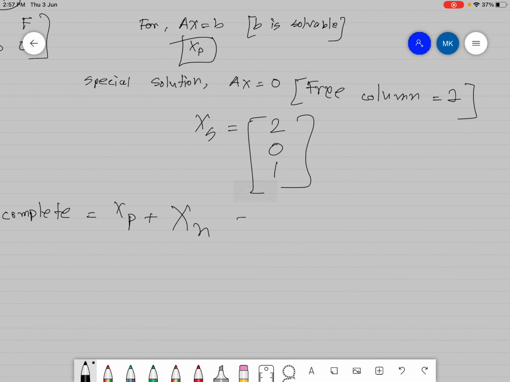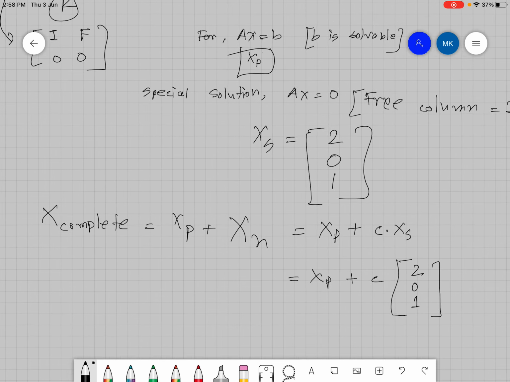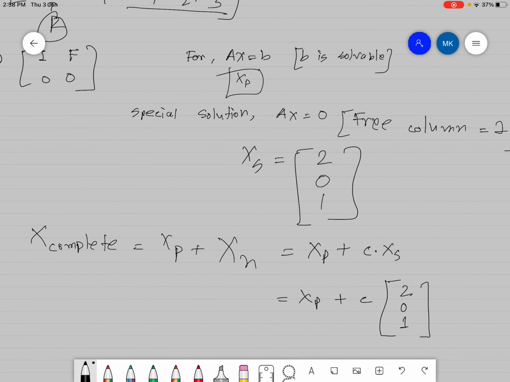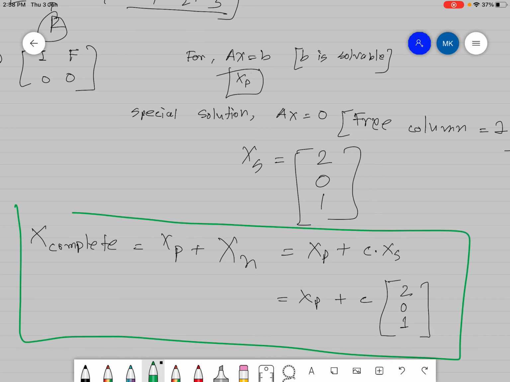So xn is basically c times xs. So x complete equals xp plus c times 2 0 1. Okay, so this is the complete solution for the system given here.